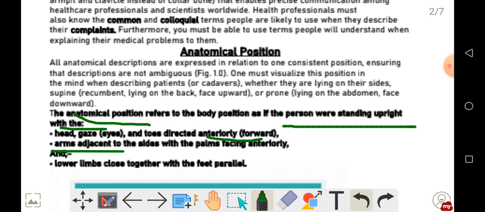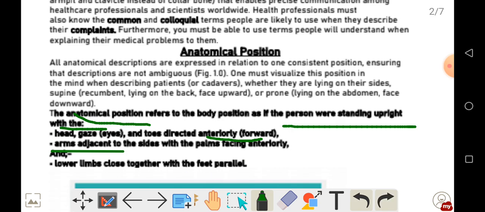Arms are adjacent to the sides with the palms facing anteriorly, in front of the body. Lower limbs, which are what we normally call legs colloquially, are close together with the feet parallel.